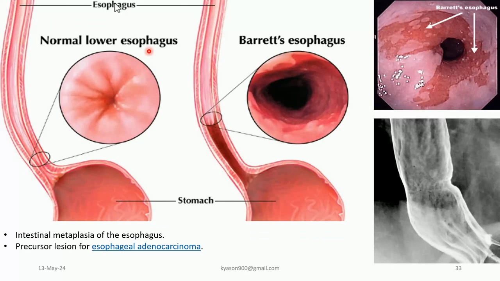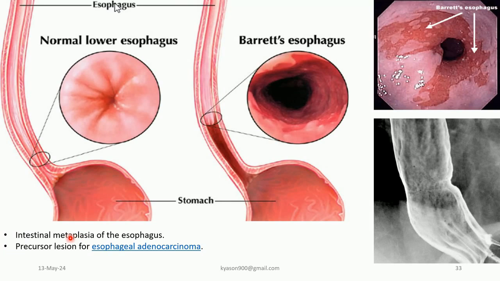So in long-standing cases of GERD, the acidic contents can burn or injure the esophageal mucosa, and over time the esophageal lining can be replaced by the gastric mucosa, because we know that the gastric mucosa naturally can withstand the acidity. So over time that replacement can go on in long-standing cases of GERD, and we call that intestinal metaplasia.